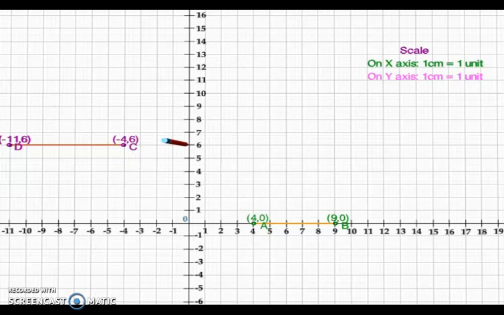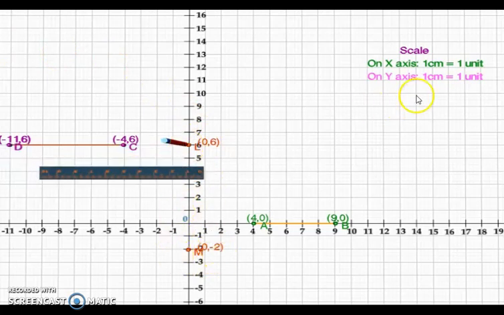Okay, let us check what happens if we consider points on the y-axis. Let us mark 2 points L and M. Let us note down the coordinates. L is 0, 6 and M is 0, minus 2. Now let us measure the vertical distance.